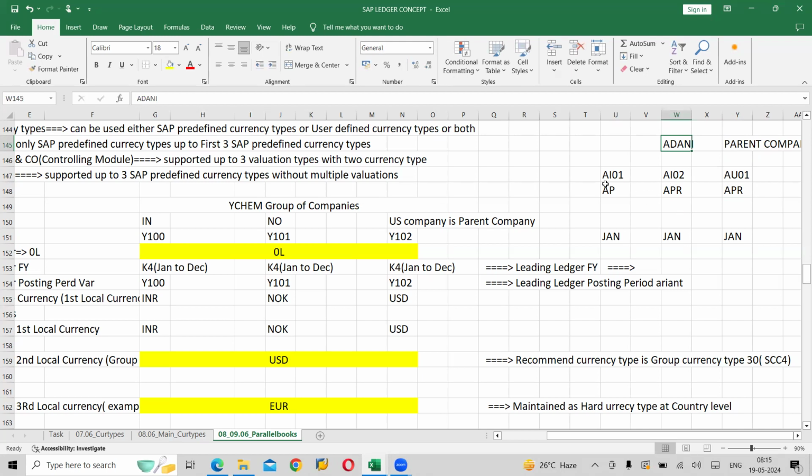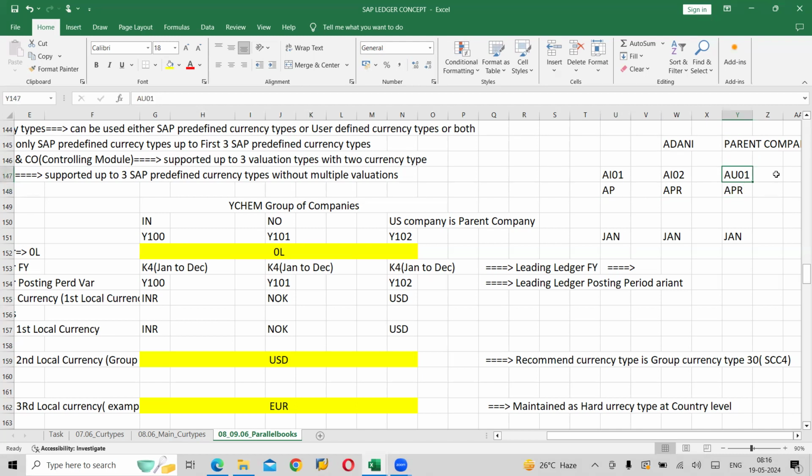So the company code reports: I am operating from India, but I have a subsidiary company in the US. So all the transactions I need to submit April to March, even though my company is in the US.